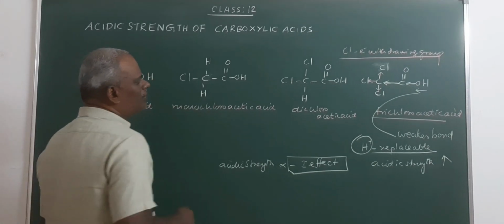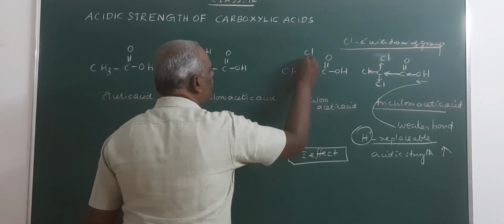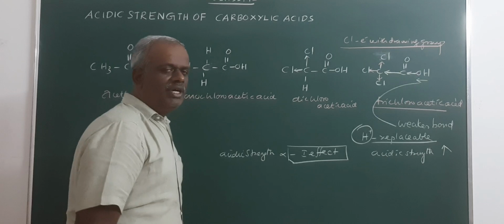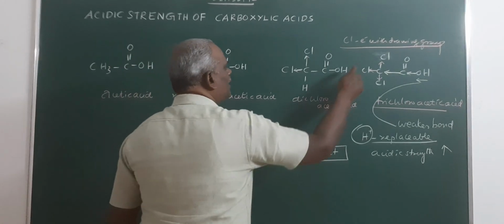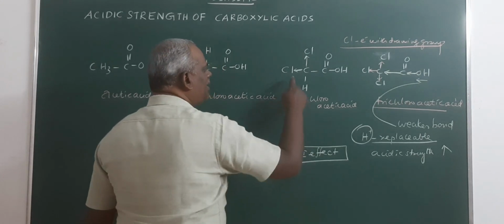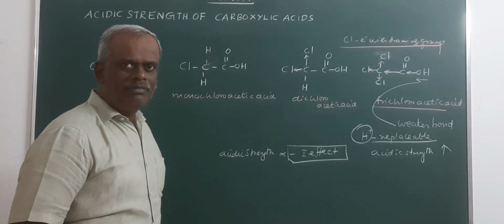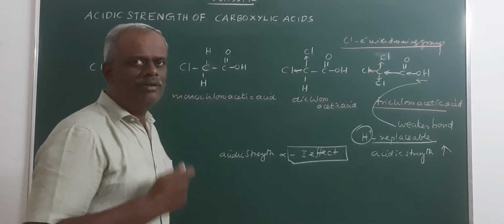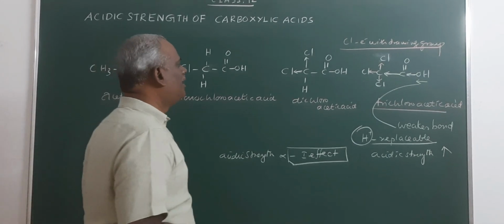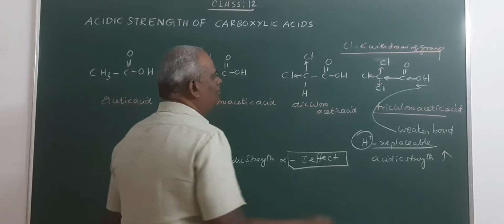See, the dichloroacetic acid has only 2 electron withdrawing groups. It's not electron releasing, it is electron withdrawing. So there will be demand of electron on the carbon.